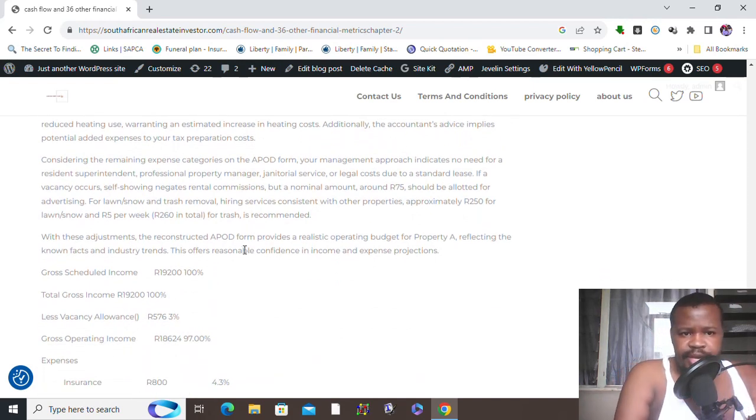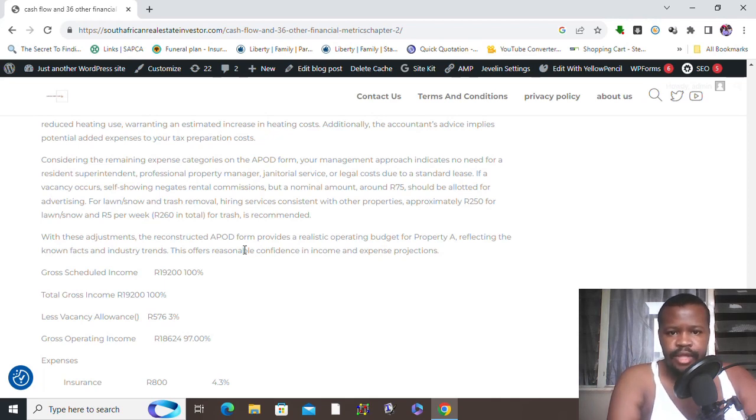Consider the remaining expense categories on the APOD form. Your management approach indicates no need for a resident superintendent, professional property manager, janitor, or legal costs due to a standard lease.